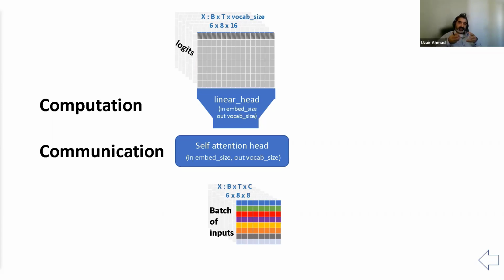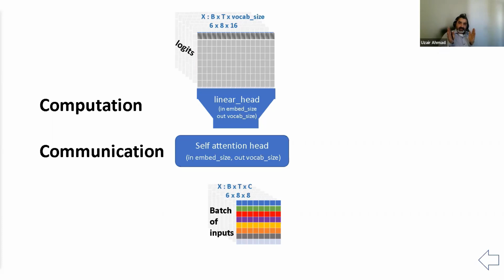But after communication, the network has to preserve that understanding and put it in a space where we can discern and calculate some conclusions. So we need to do some computation. So a communication block and then a computation block. The computation network takes a small number of inputs, but projects them to a large space of vocabulary size.